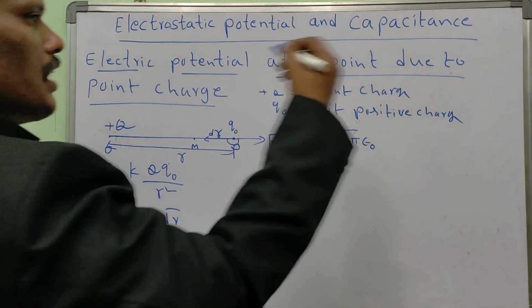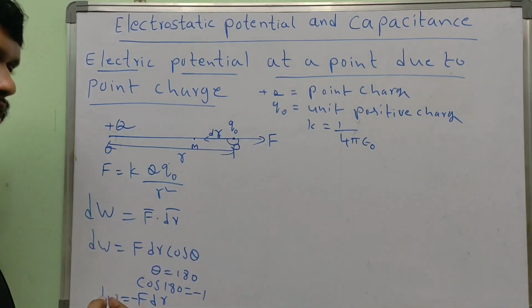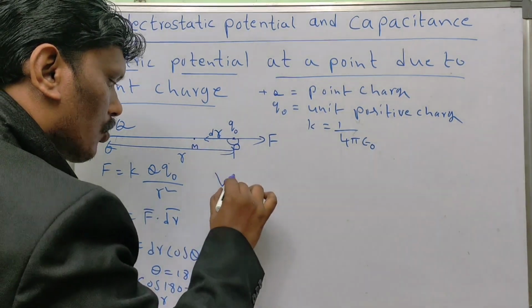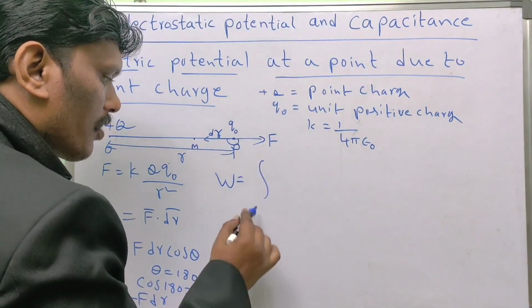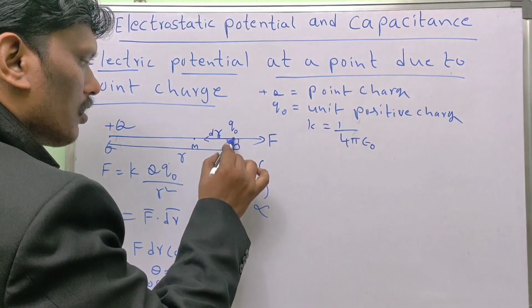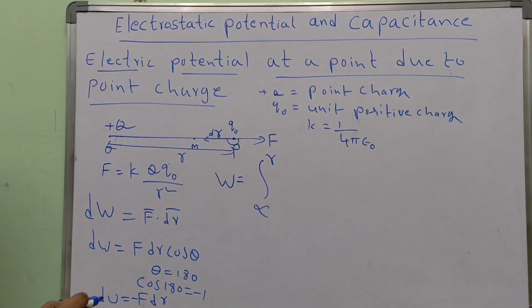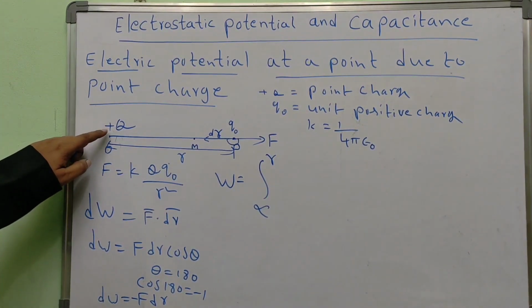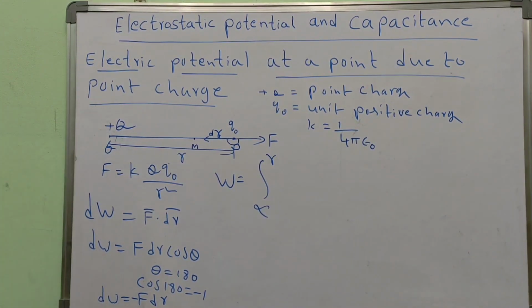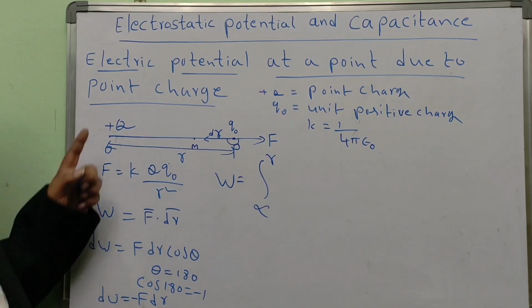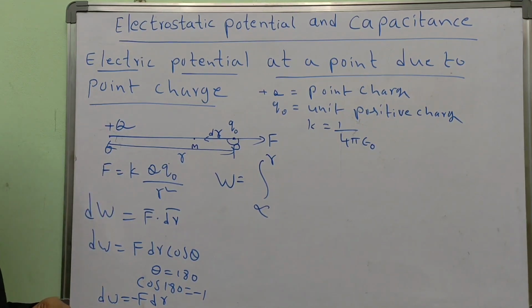To move from infinity to this point, how much work is required? So I'm going to calculate the total work done to move from infinity to this point. At what distance is this point? R distance. Distances are always measured from this point charge only. I need to measure distances from this point charge plus q.